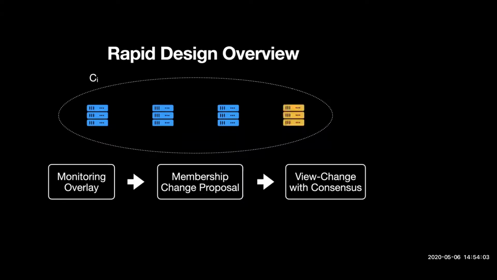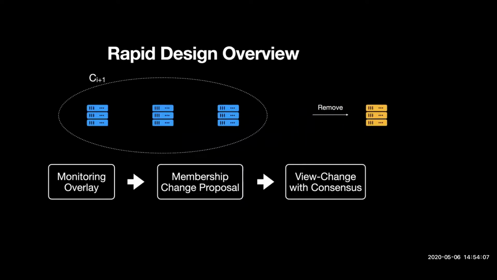As a node is removed, that configuration is updated. This update happens via 3 phases. The Rapid protocol can be broken down into 3 main procedures. The first of these procedures is a monitoring overlay that is based on an expander graph.